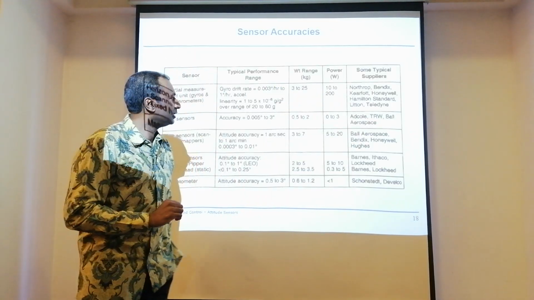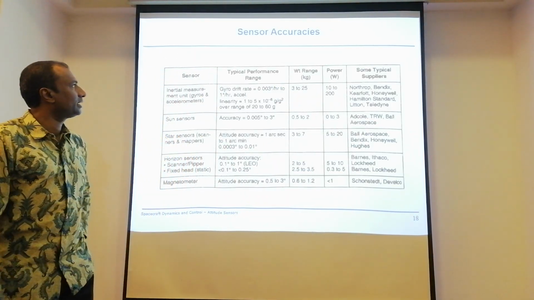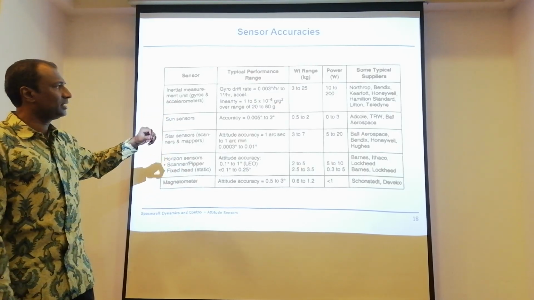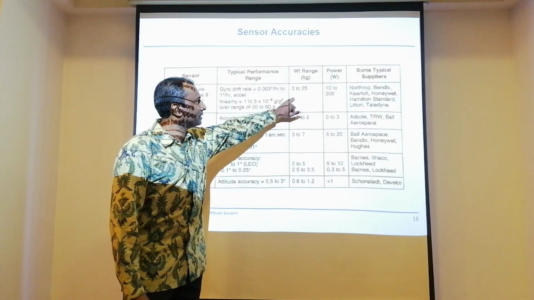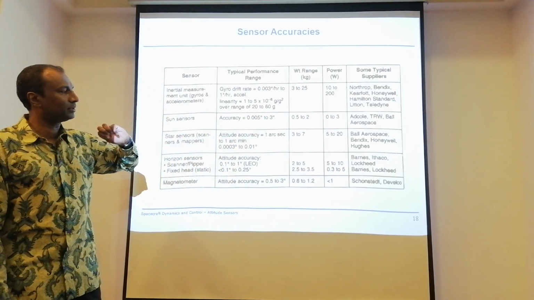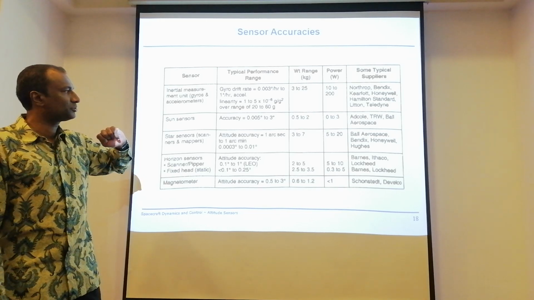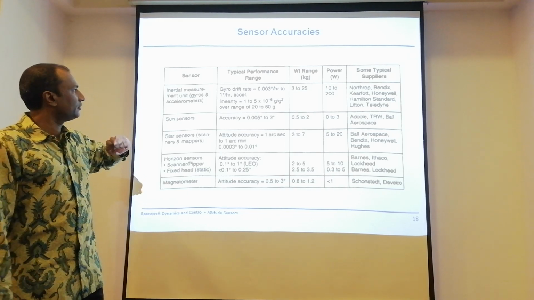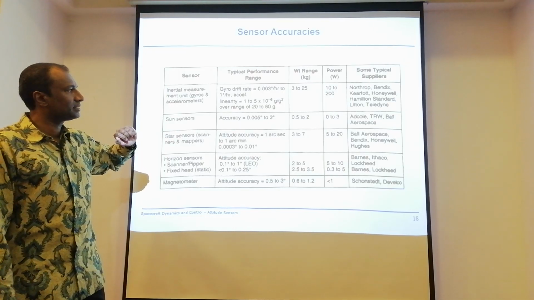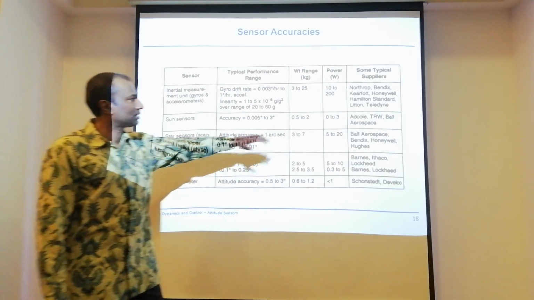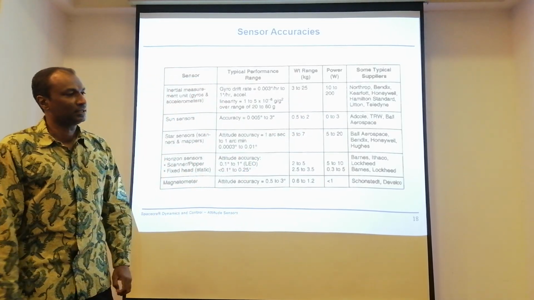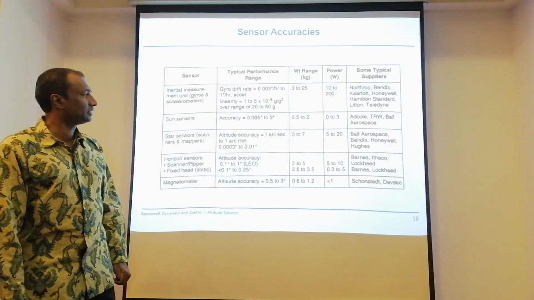All right, looking at sensor accuracies, or rather ranges of accuracies. Important: pay attention to the exact mass that you have, because it's going to be very critical. If you look at inertial references, for example gyros, they don't come cheap, because the power budget is quite high, and the weight you also have to take note of.